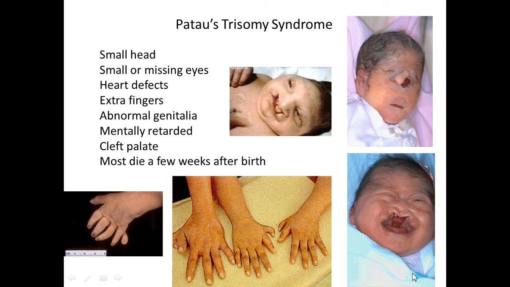People can have a cleft palate without actually having this syndrome, but it is very common for those who do have this syndrome to have that. And the reason it's so severe is because most of them die within the first few weeks after birth. Even if they came to full term, usually they only last a few weeks afterwards.